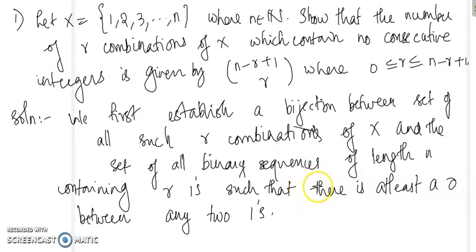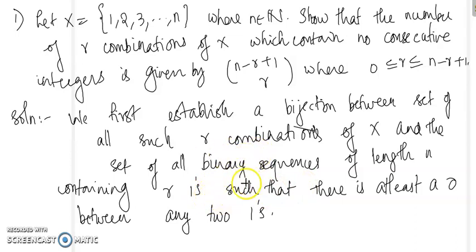So between the set of all r-combinations of X, we will form a bijection with the set of all binary sequences. So the set is such that it's a binary sequence of length n and there will be exactly r ones.